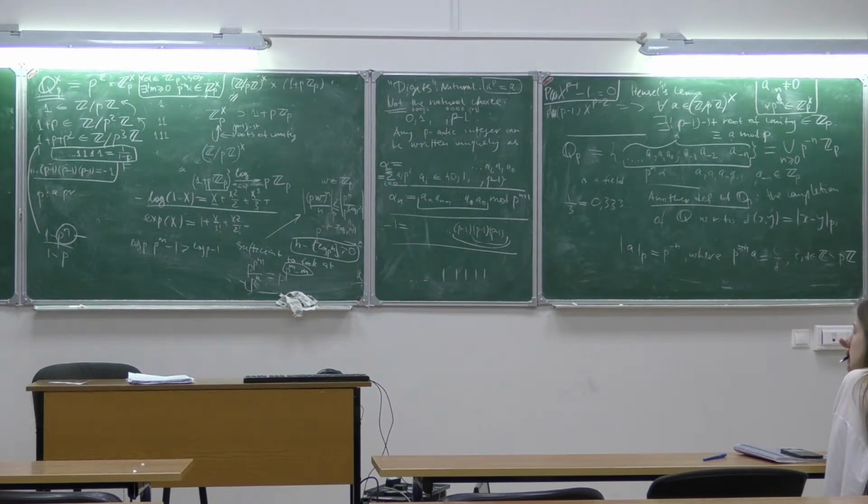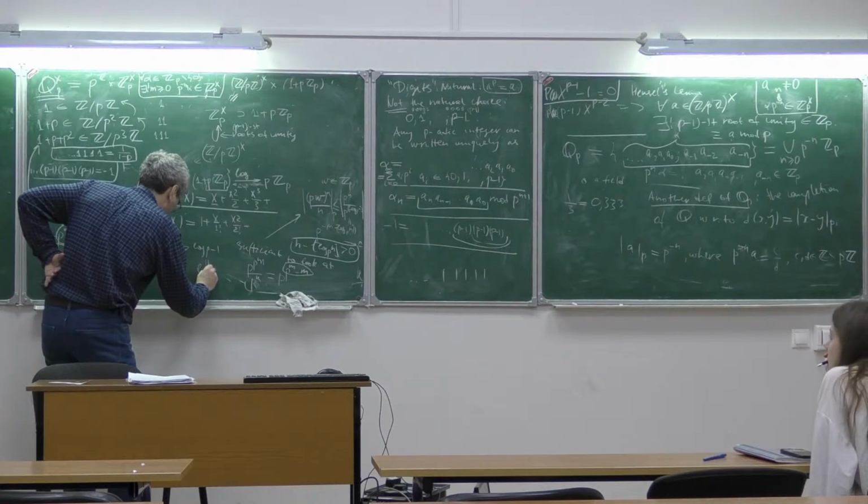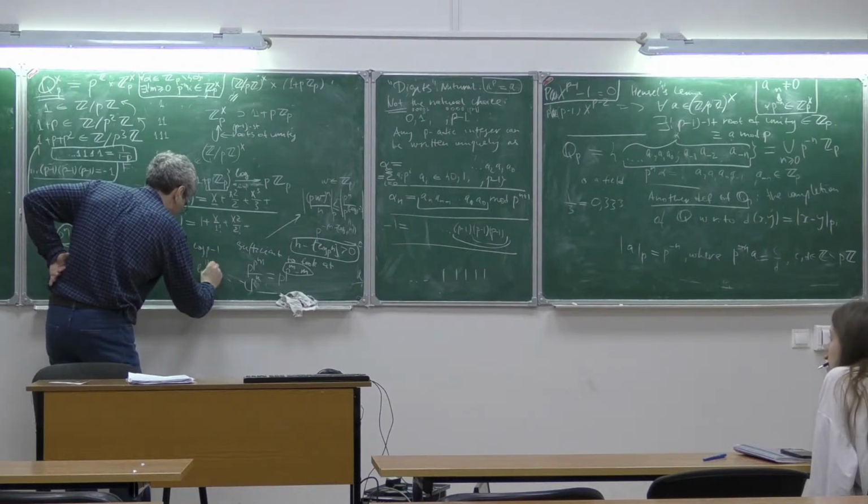You see that there is some subtlety. It is not positive if p is 2, because this is the logarithm of p over e.